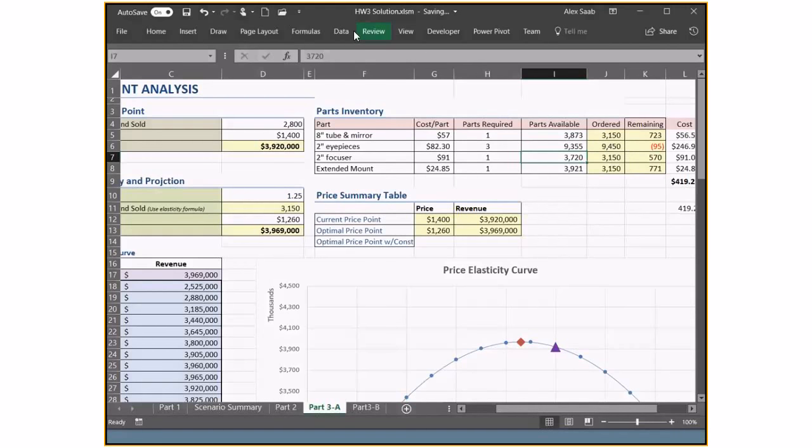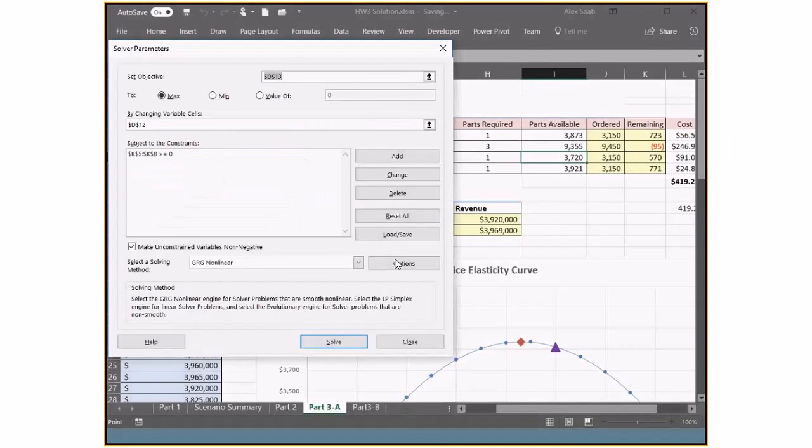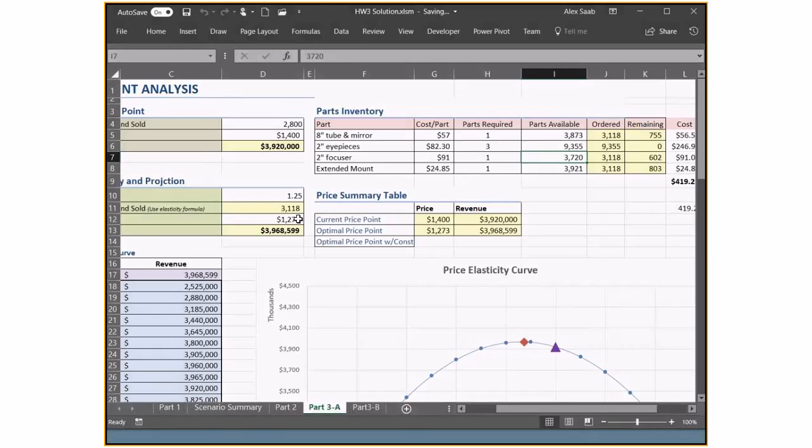If I run solver again, so I have to sell for more, so I can produce less. So this will be 1273, for example, and 3,968,599. Not much difference.